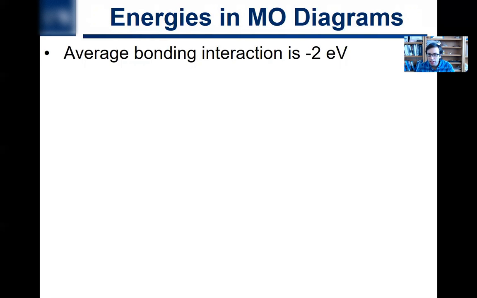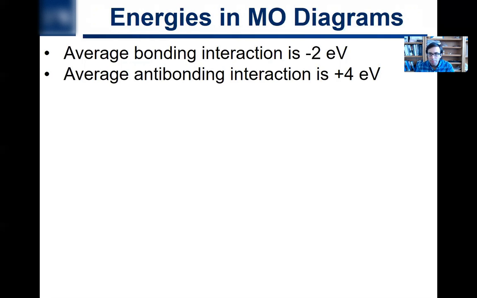And so just to give you a feel for the numbers involved, the average bonding interaction is going to give you a stabilization of about 2 electron volts from the lowest atomic orbital that it comes from. The average anti-bonding interaction is going to raise you in energy from the highest atomic orbital that the molecular orbitals came from by about 4 electron volts.